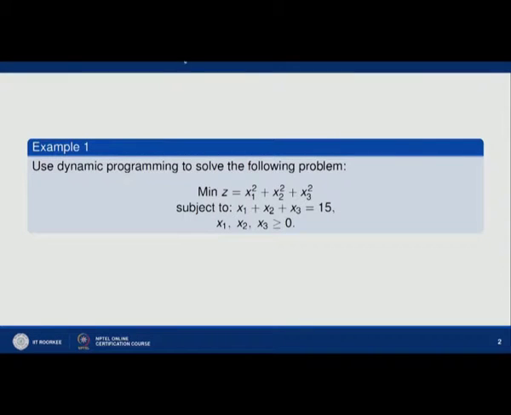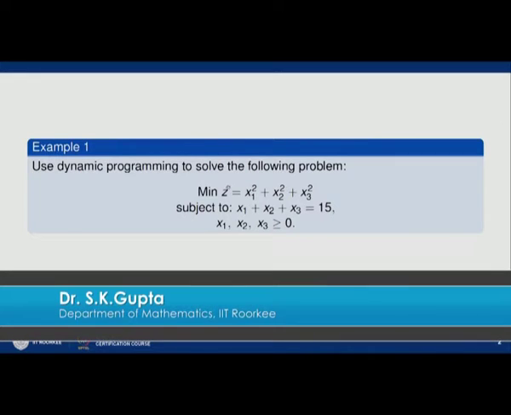You see the objective function is quadratic, that is, minimum of x1 square plus x2 square plus x3 square subject to x1 plus x2 plus x3 equal to 15 and x1, x2, x3 all non-negative. So how can we solve this simple quadratic problem using the dynamic programming approach?